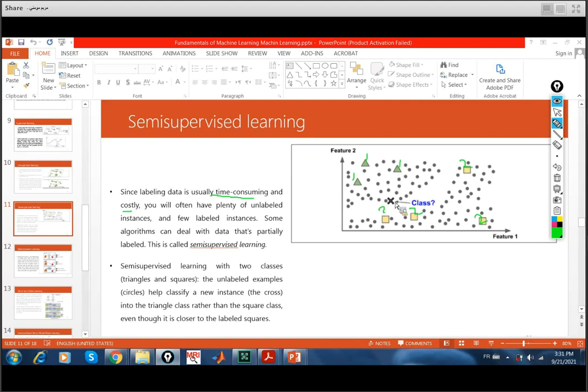For example, if it has 3 angles, it is a triangle. If it has 4 angles, it is a square. Some of our data have labels, some don't. Then it is semi-supervised. Semi-supervised is a mix of supervised and unsupervised.